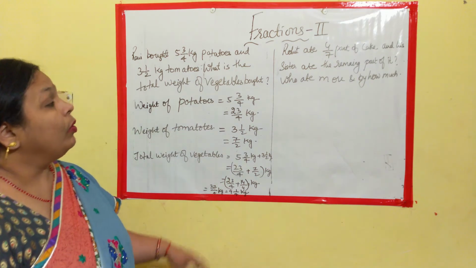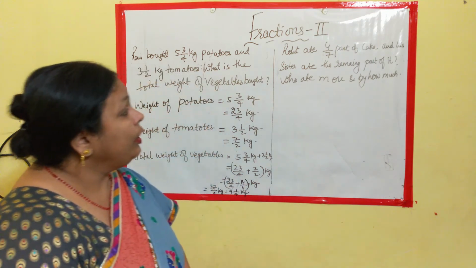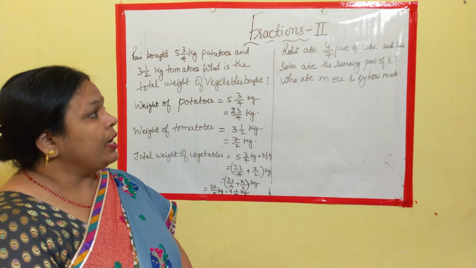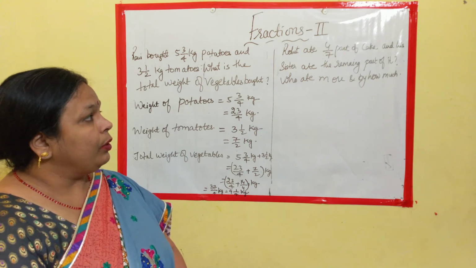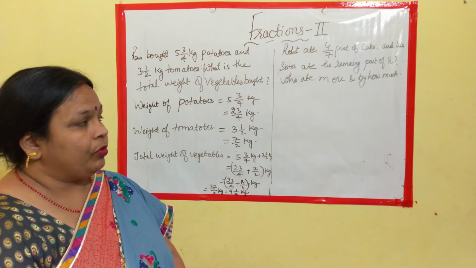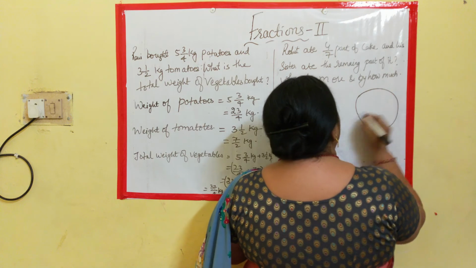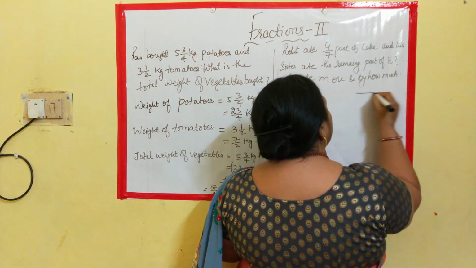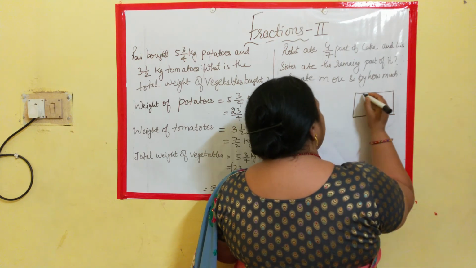Clear? Now coming to the second example, where Rohit ate 4/7 part of a cake and his sister ate the remaining part of it. Who ate more and by how much? Think that this is your cake. Now the cake is divided into 7 parts.